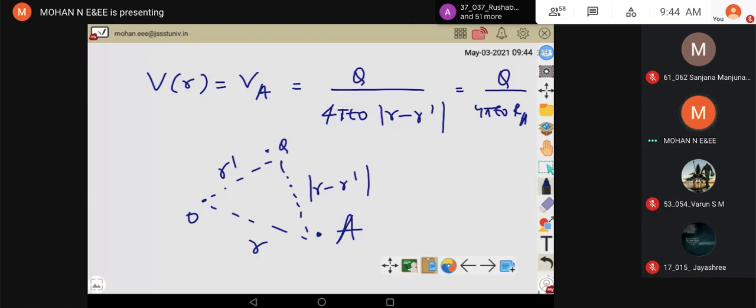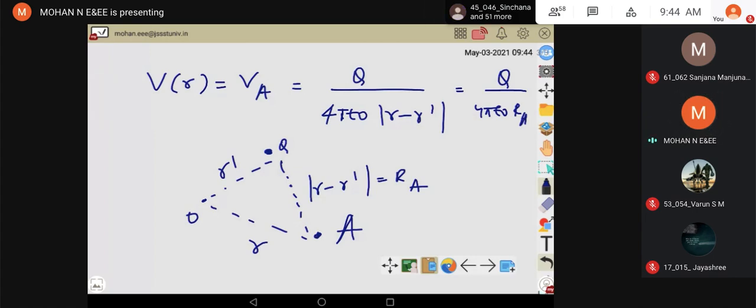It is only a scalar quantity, only a magnitude, that's all. Okay. So this is the potential due to a point charge which is not located at the origin, and you are finding the potential at a point due to that point charge.